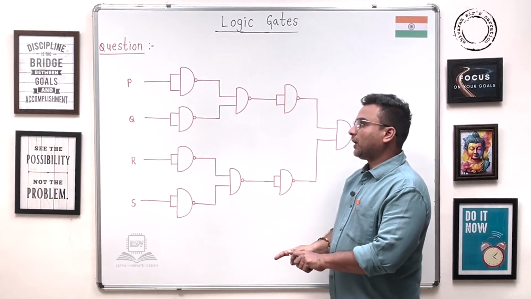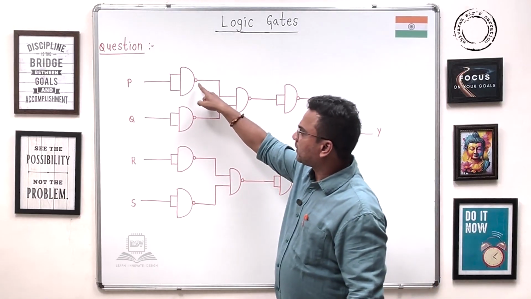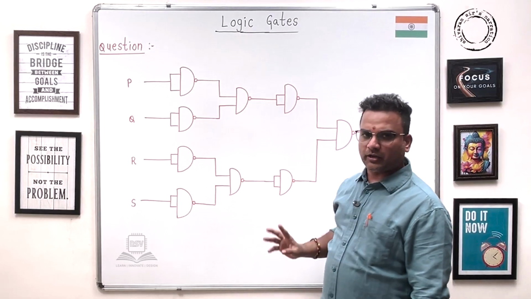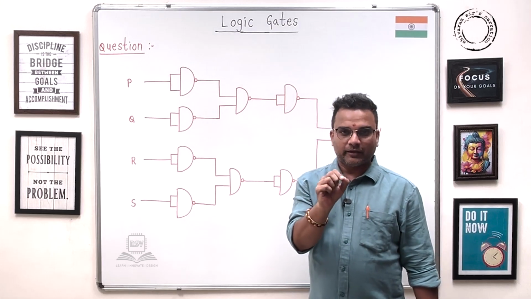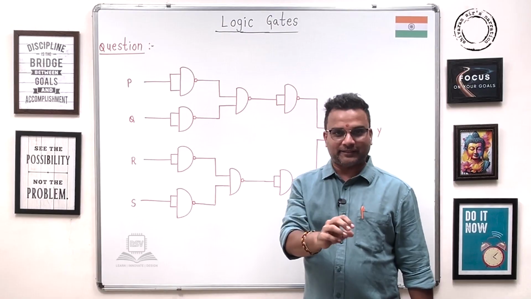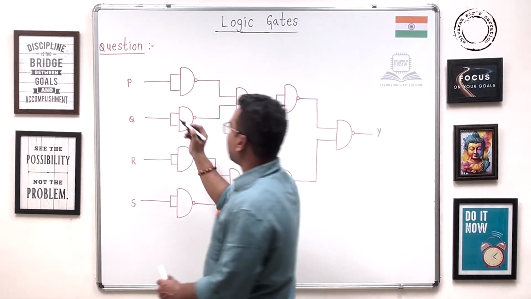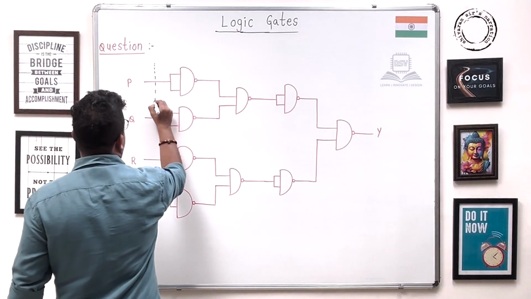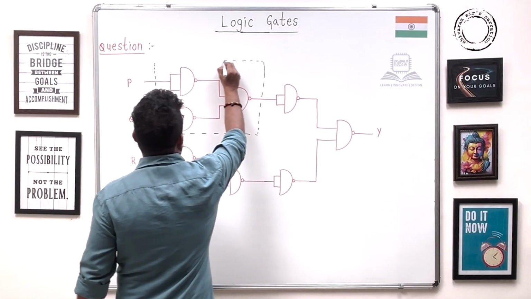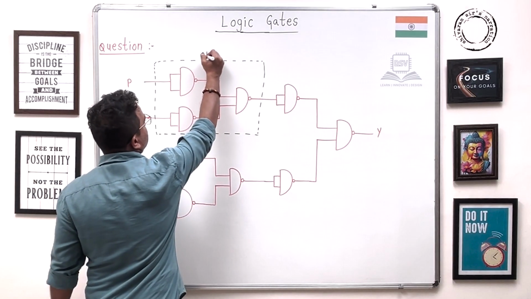Okay, now let's see. Guys, instead of going towards the output of every logic gate and again doing NAND operation, for a second just wait and take a good breath, and then you see this. Whatever you are seeing is simply an OR gate using NAND gates.